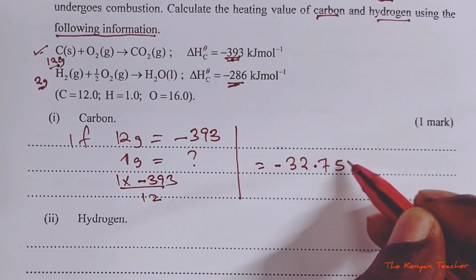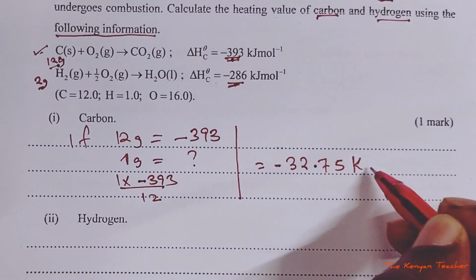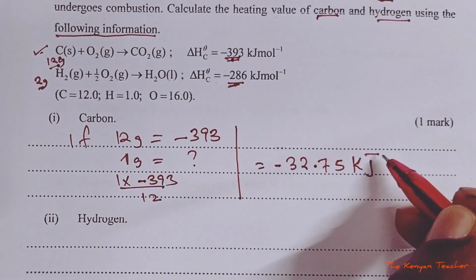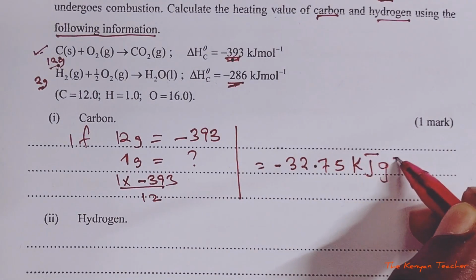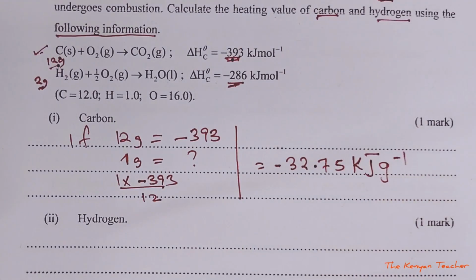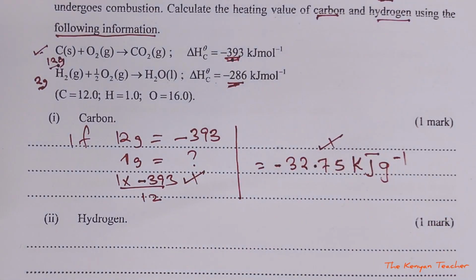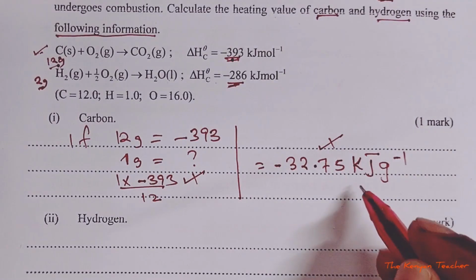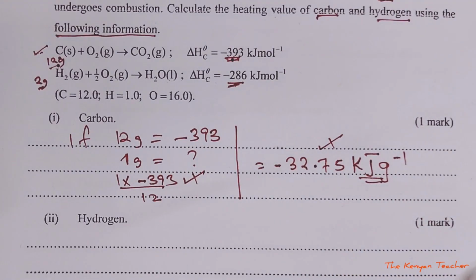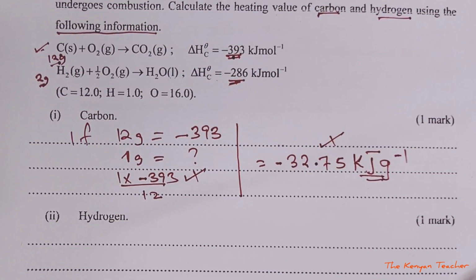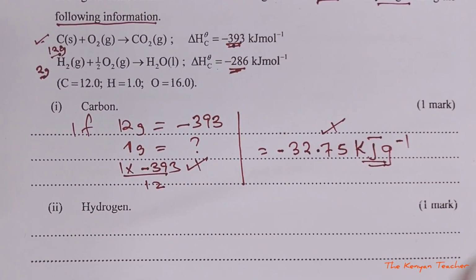Now here units are key, so we shall express them in kilojoules per gram. Remember, we are burning only 1 gram. It's 1 mark, half for that, and half for the final answer with the units. So if units are missing or if they are wrong, then you don't score the 1 mark.